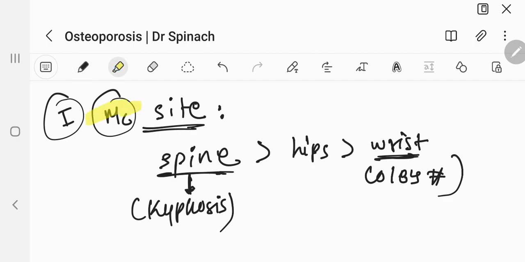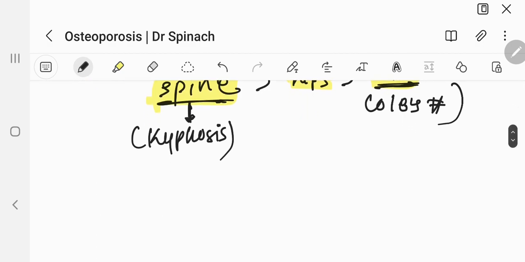So what is the most common site of osteoporosis? You have to remember the most common one that is involved is the spine, and then the next one is hips, and then finally wrist. Apart from that, what is the symptom that a patient is going to present with?